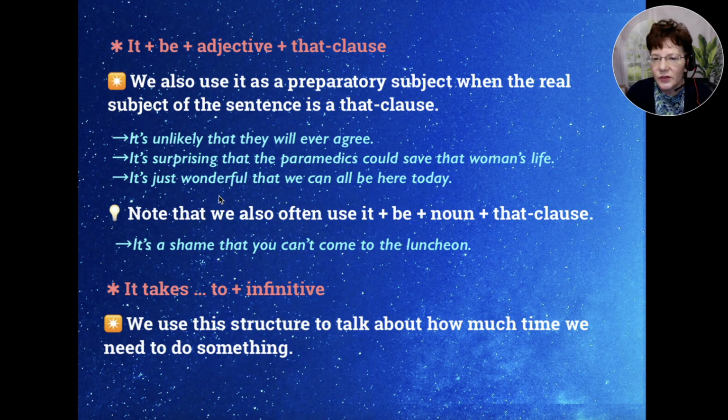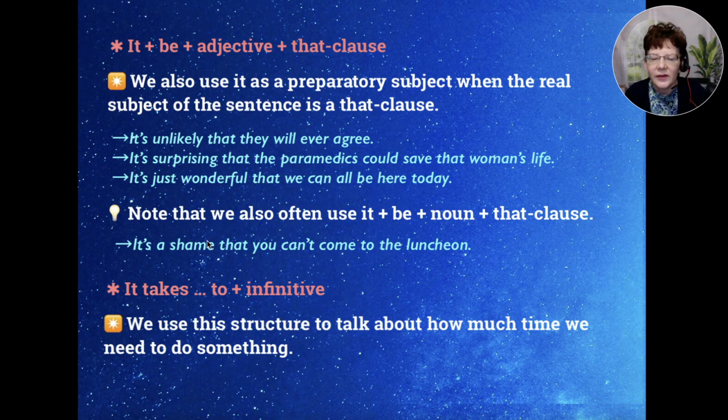Or it's just wonderful that we can all be here today. Okay, so you can see the real subject of the sentence is right here. Paramedics, for example, in this one, they in this one, and we in this sentence here.